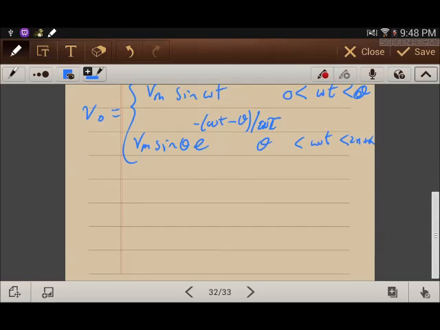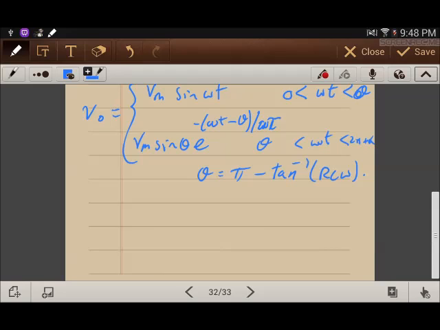If I want to find the current that is flowing in this circuit, just a reminder, theta can be found by subtracting pi using tan inverse RC omega.